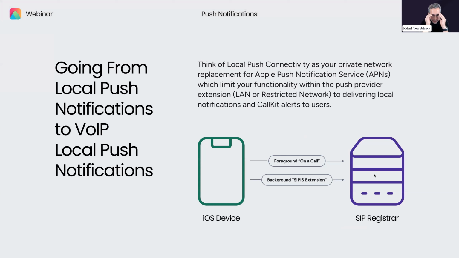So as explained before, in this diagram that was very complete, where you have all these external components, you have the CPIS and so on and so forth. This is all completely reduced if you're operating in a local LAN, a restricted network, and all the job is going to be done by the iOS device itself.